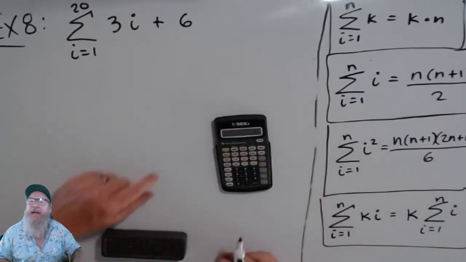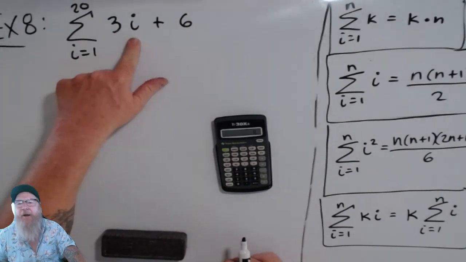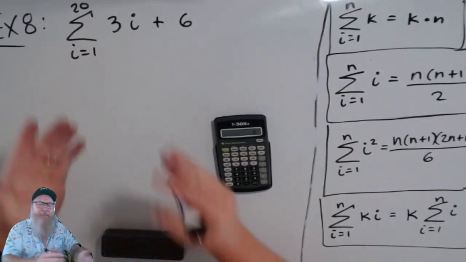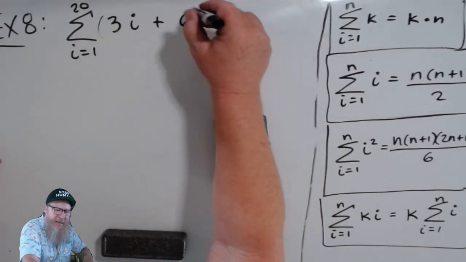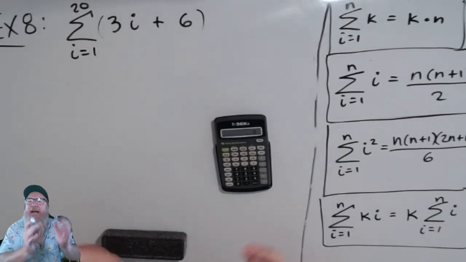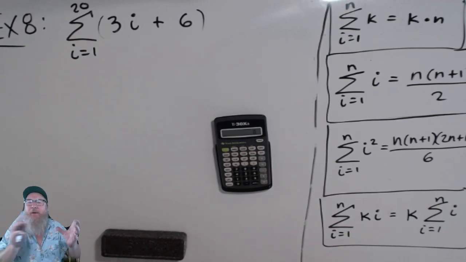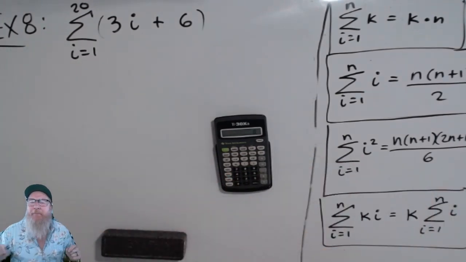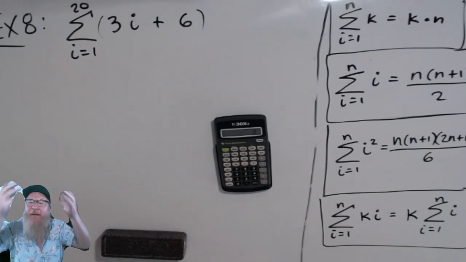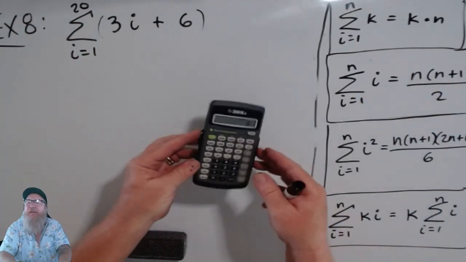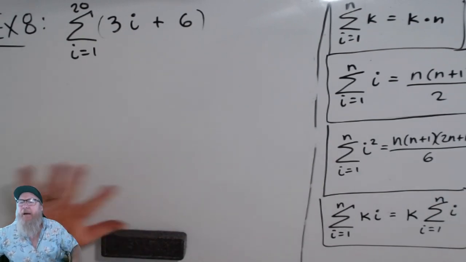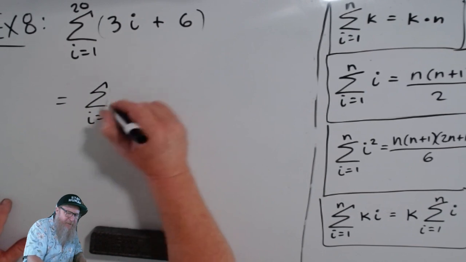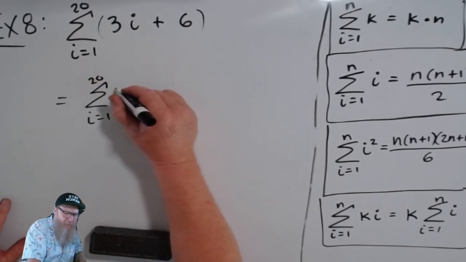You have a calculator, you could plug in 1, and then plug in 2, and then plug in 3. You could think of this as each one of these is a rectangle, with either a left or a right endpoint or maybe a midpoint. And you're going to add up the areas of all these rectangles. You can certainly do it that way, but I want to show you a much faster way, because this is the way we're going to have to do it as we move forward.